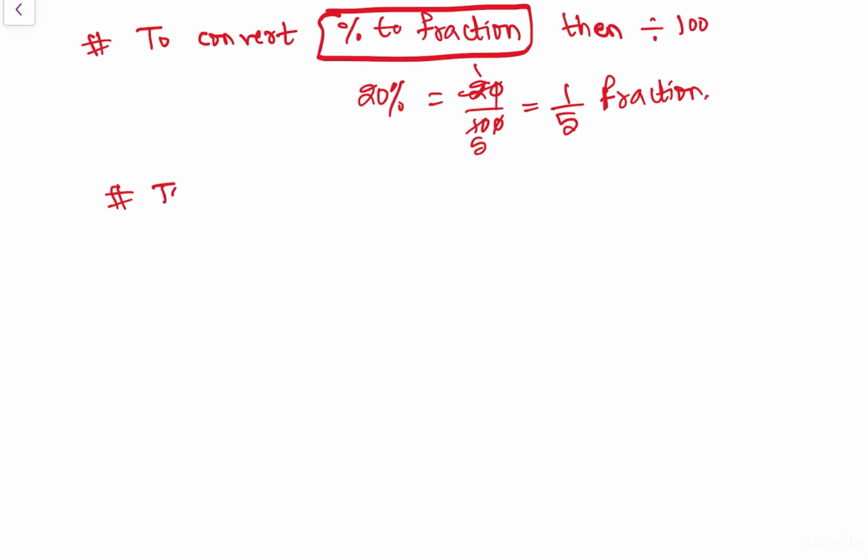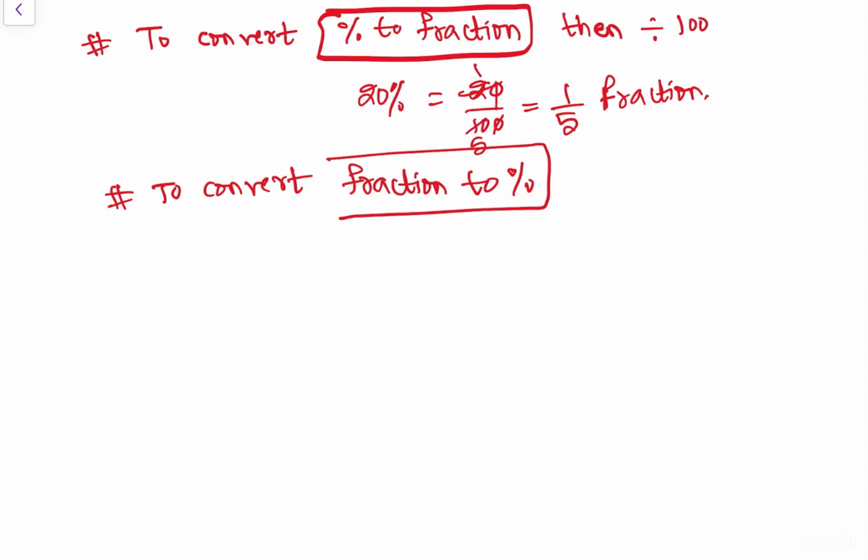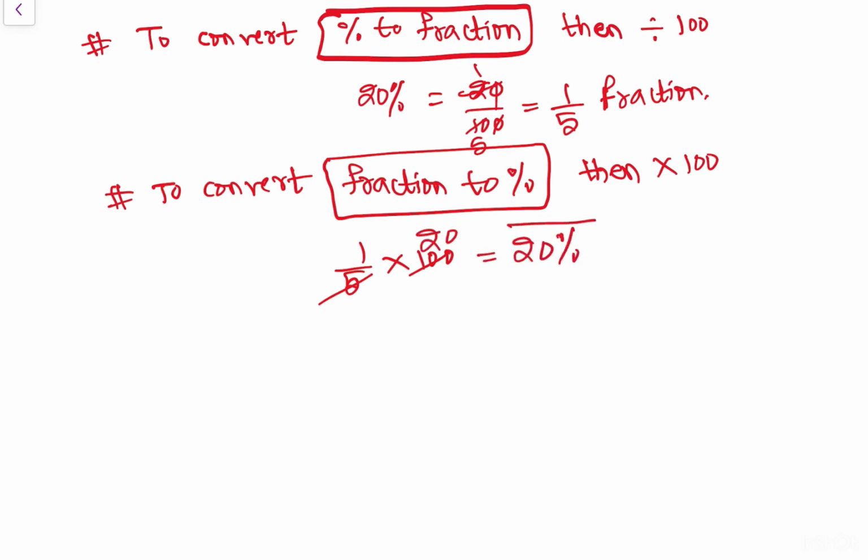Then to convert a fraction to percent, multiply it by 100. That is, say the fraction is given as 1 by 5, इनको percentage में convert करना है, तो 1 by 5 multiply it by 100, so it is 20, so it is 20%.